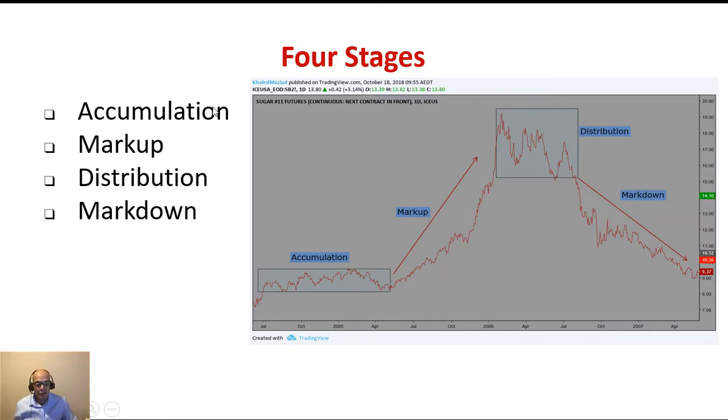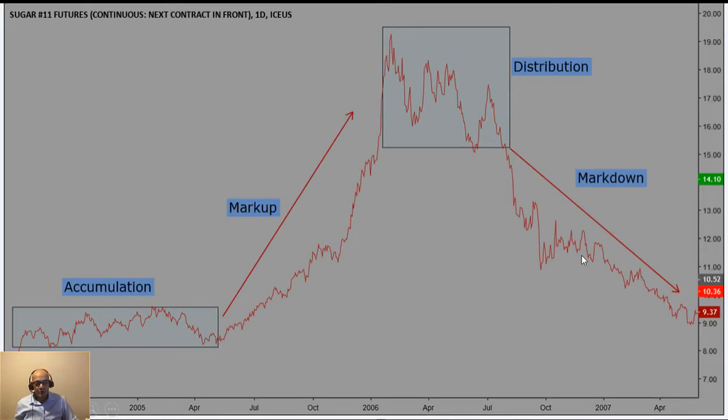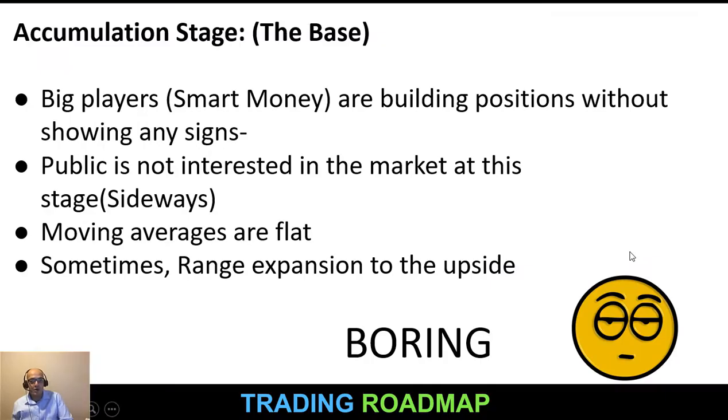So the four stages are the accumulation stage, and then the markup, which is uptrend, and then the distribution stage, which is range, and then the market down, which is downtrend. Easy. Four stages: accumulation, markup, distribution, and market down. We'll go through exactly every single stage now. You've got to understand every single stage.